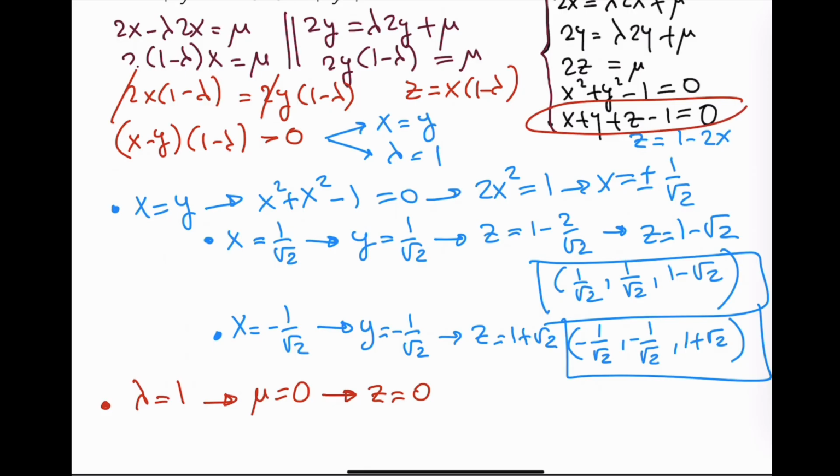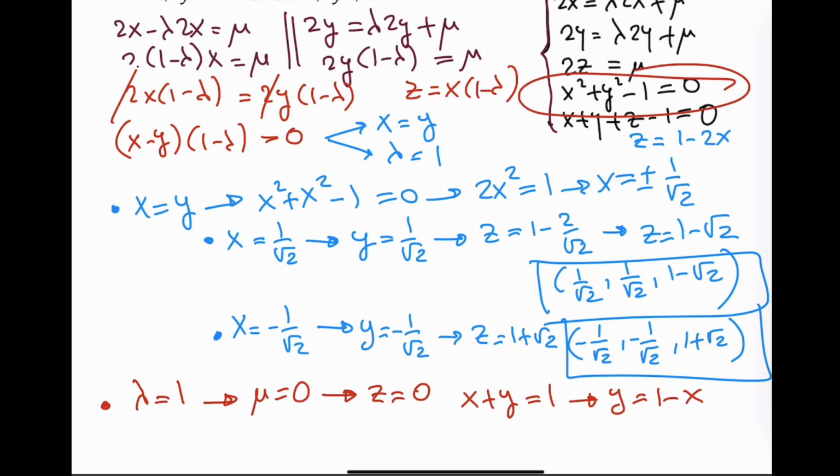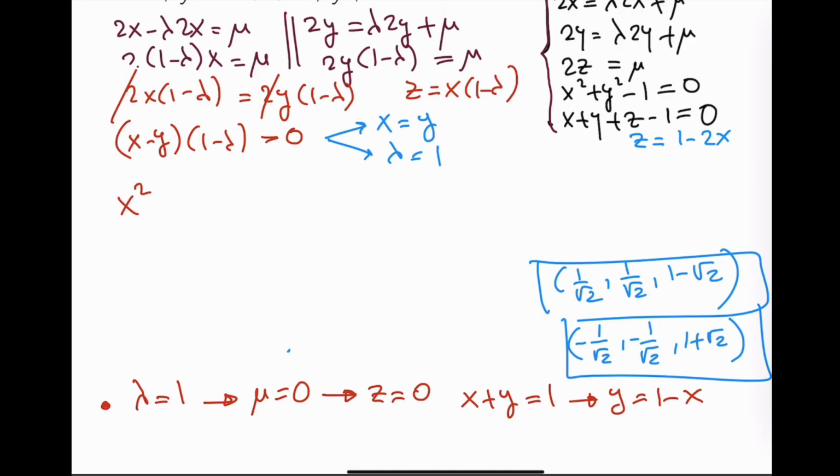And then we go to this equation, so let's put z equals 0 there, and so we get that x plus y is equal to 1. And so then we have that y is 1 minus x. So if y is equal to 1 minus x, we go to this equation now, we substitute there: x squared plus, instead of y, we put now 1 minus x, squared, is equal to 1.